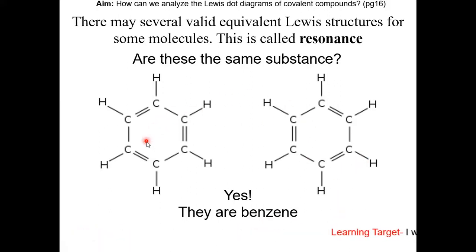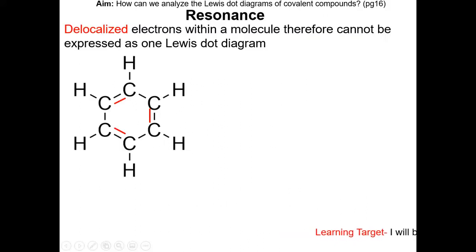The reason why both of these Lewis dot diagrams represent the same substance is that sometimes it's very difficult to draw just one Lewis dot diagram for one substance, because electrons can move around in the molecule. The electrons are not just sitting in the bond or in the atom, they can actually move around within the molecule.